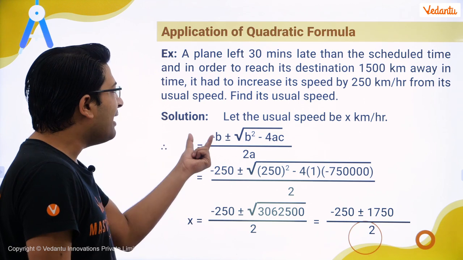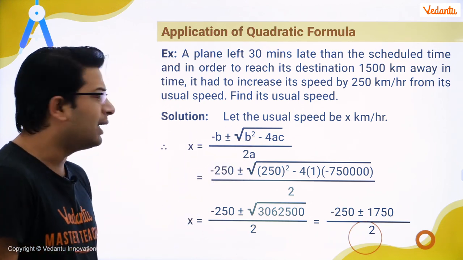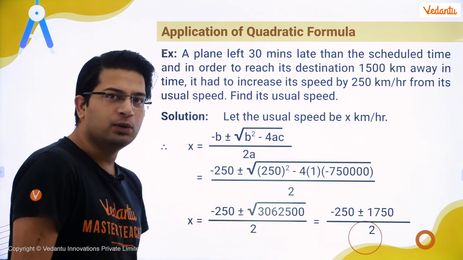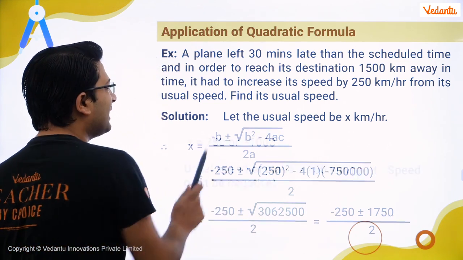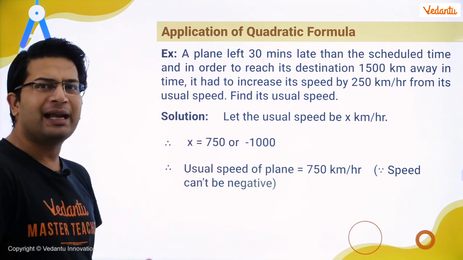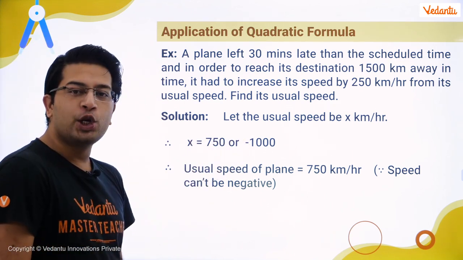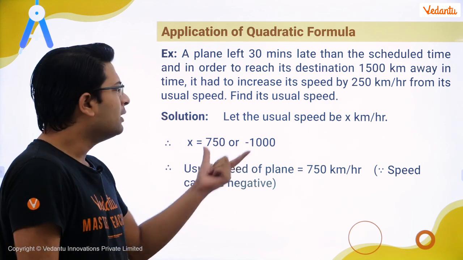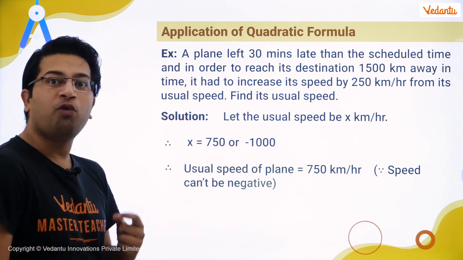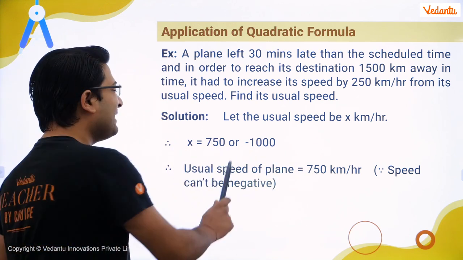Now, after putting the values of b, a, and c from the quadratic equation, we can find the values. One time we will take the plus sign, and one time we will take the minus sign, and we will get 2 values of x. Now we know that the speed cannot be negative, right? My speed cannot be negative. So minus 1000 won't be my answer. 750 is my answer. Very easy, right?